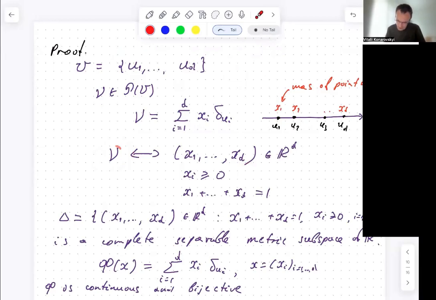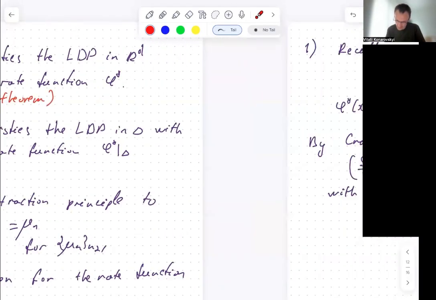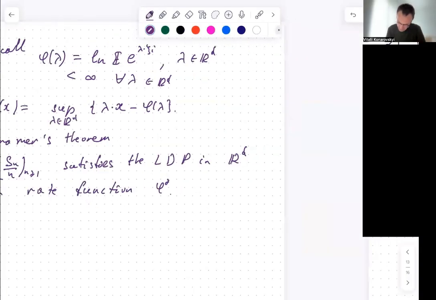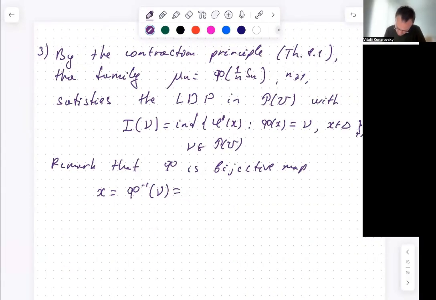Therefore, for the pre-image, you define the map which acts in this direction, but when you want to go in the other direction, what do you need to take? You just need to put the masses of every point of your space. This is the vector which has components nu of u_1 and so on, nu of u_d.